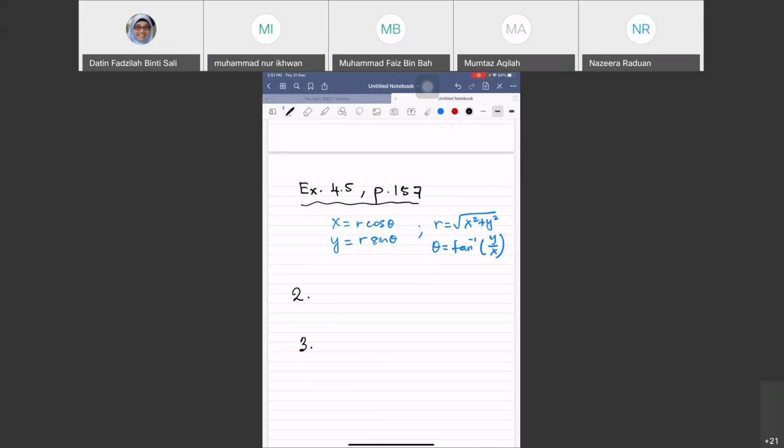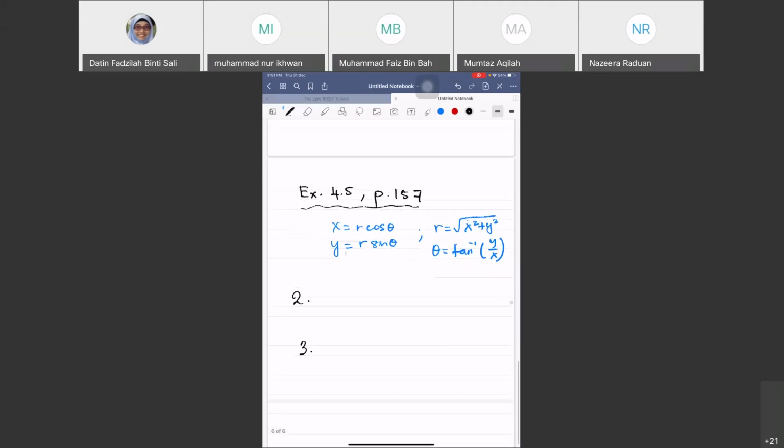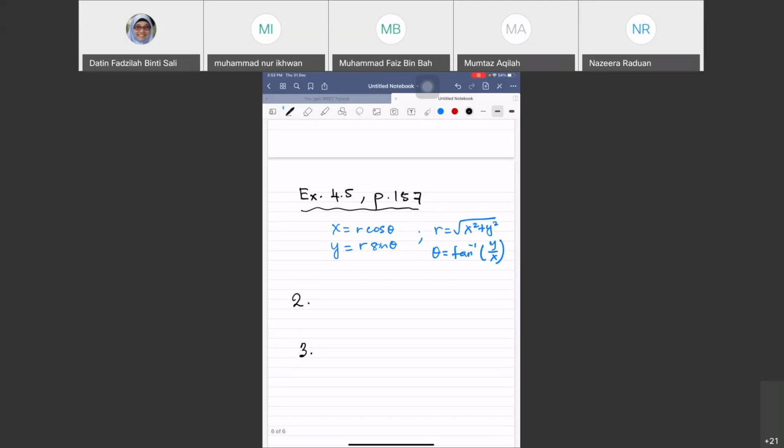Question 2 and 3. All right, okay, Faiz, what is the answer for question 2?